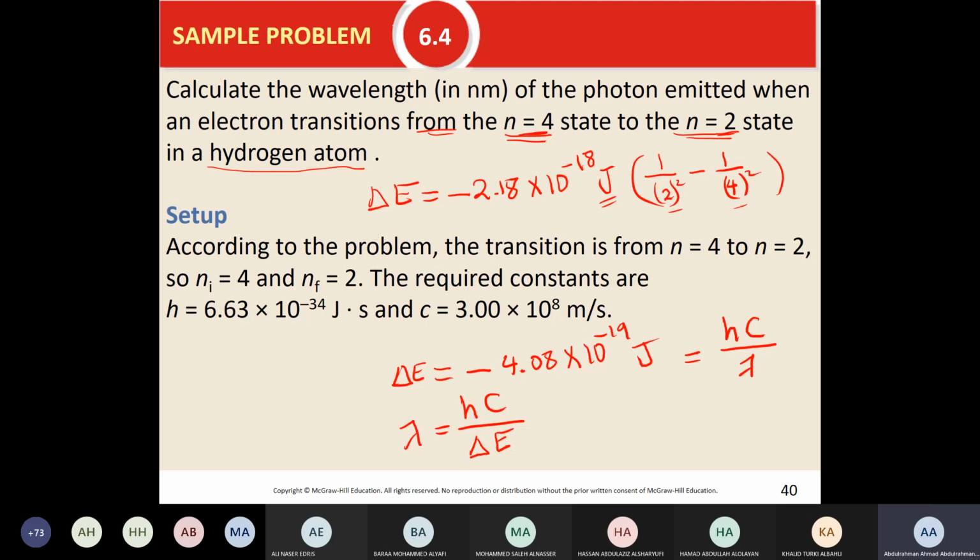What's h? Planck constant. You have to use the name. What's c? Speed of light, of course. And what's delta E? We already calculated. Give me lambda quickly.